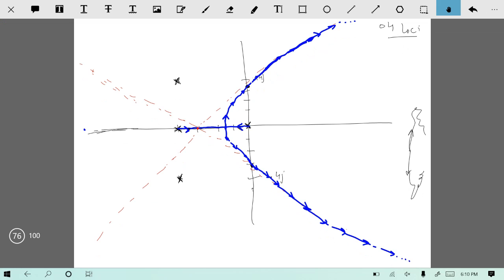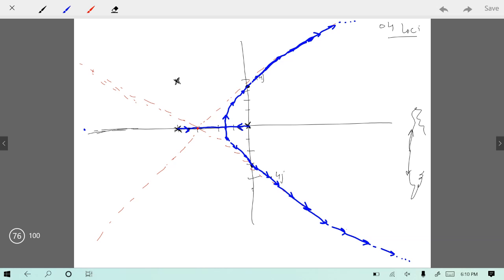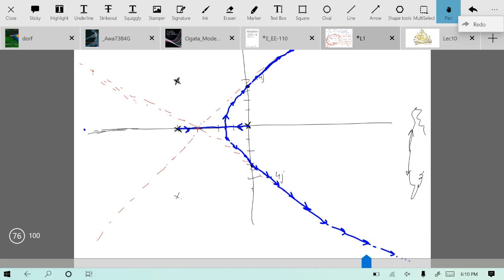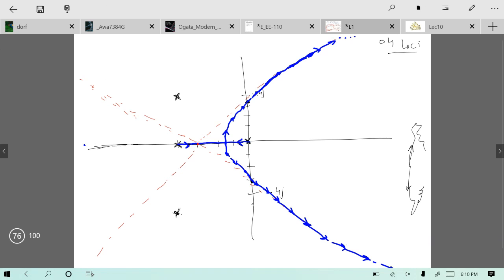Let me make it symmetric. Okay, so we know this for sure, that this pole will follow this path and go to infinity, and this pole will follow this path and go to infinity.